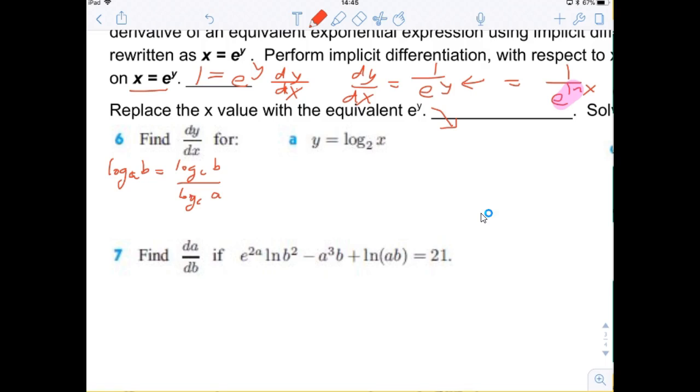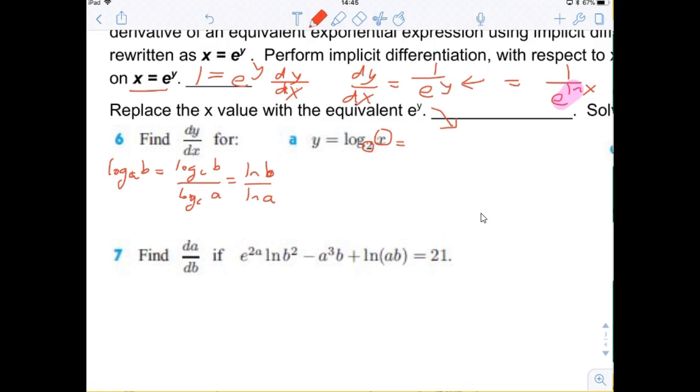So what you can do here is put everything in terms of natural log. You could say log base A of B is the same thing as natural log of B divided by natural log of A. So for this case, I have log base 2 of x.